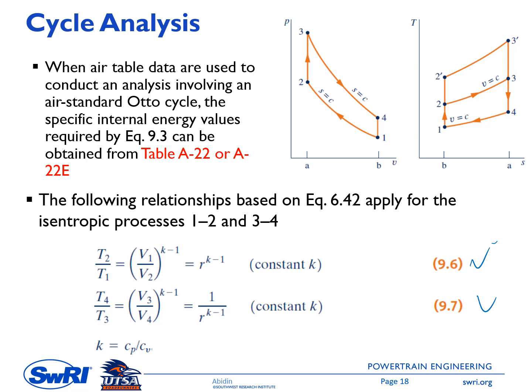9.6 and 9.7, in case we assume that k is constant. It means this is cold air analysis. So you can get the correlation of the temperature ratio to the volume ratio. This one is the power number, k minus 1. Once again, k is the specific heat ratio, Cp over Cv. Or you can get the correlation of the temperature ratio between T4 and T3 from this volume correlation.